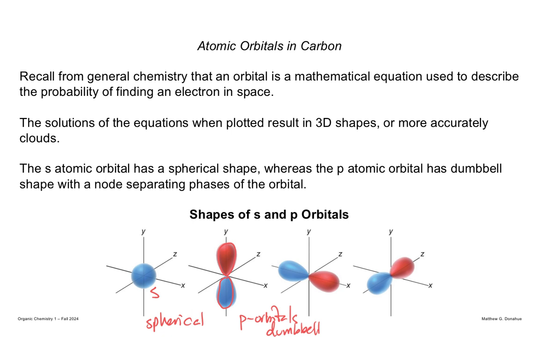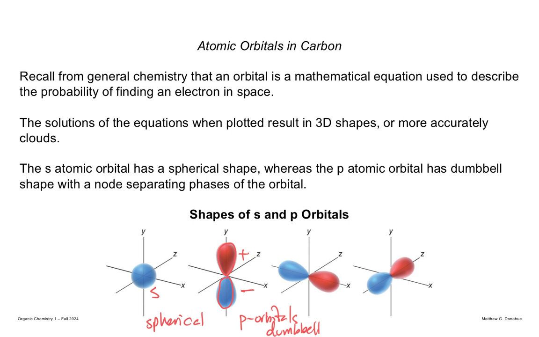The color just means the phase. So in mathematical terms, this could be a plus or a minus phase. The electron is not in the top or the bottom separately. It's in those lobes all at the same time. So everywhere all at once.